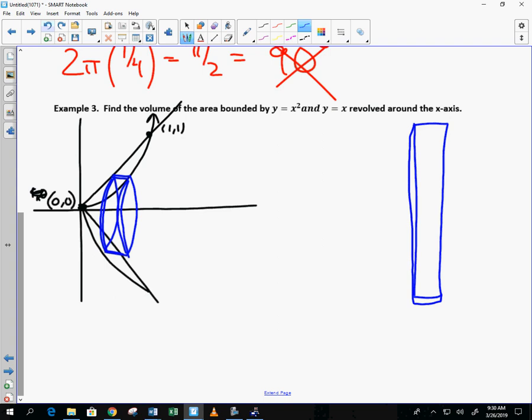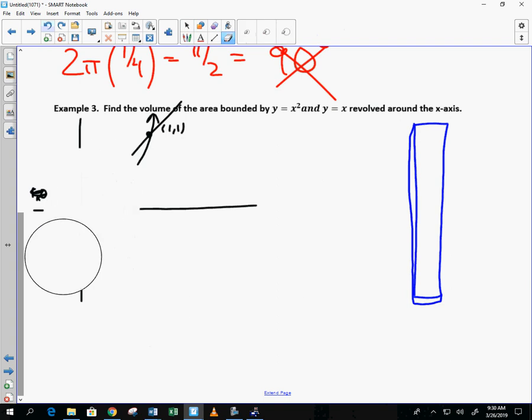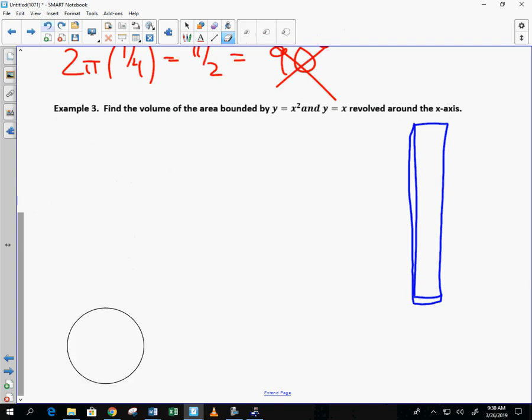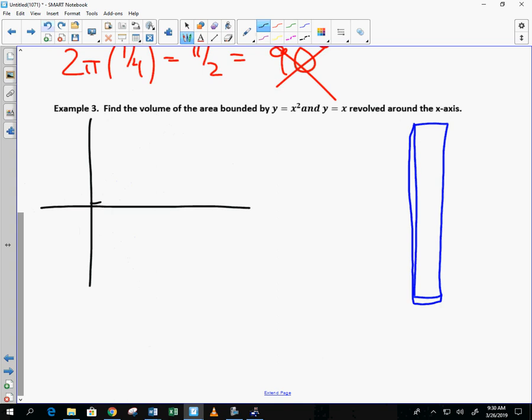Oh yeah, I did mess that up, didn't I? Oh well. Okay, sorry about that. All right, I'll redraw it. I'm not perfect.